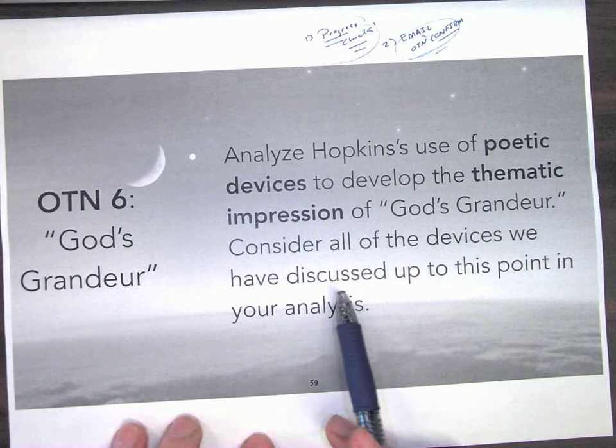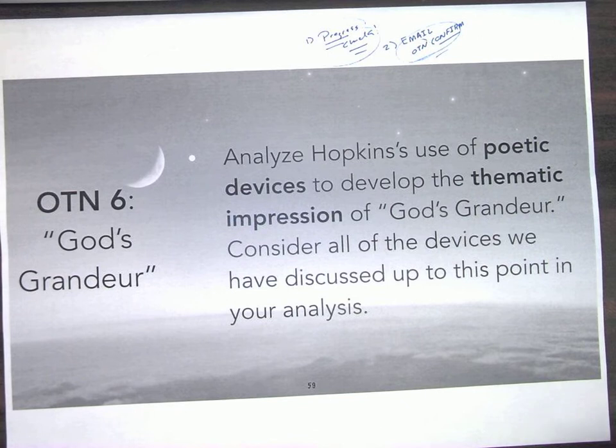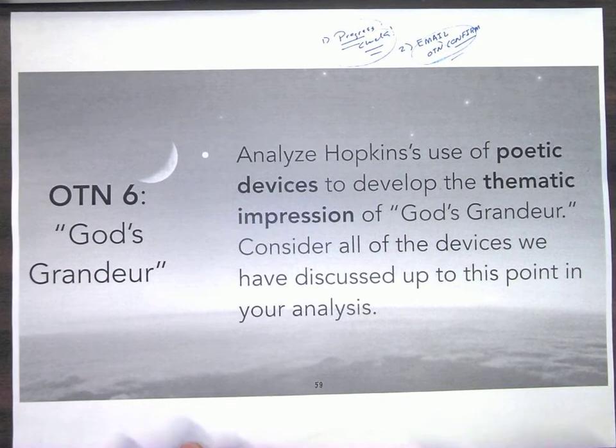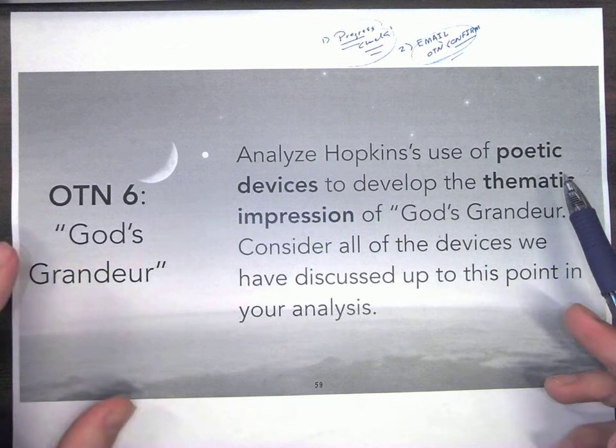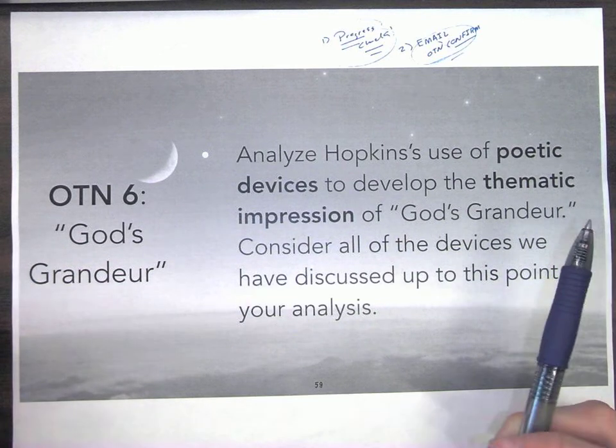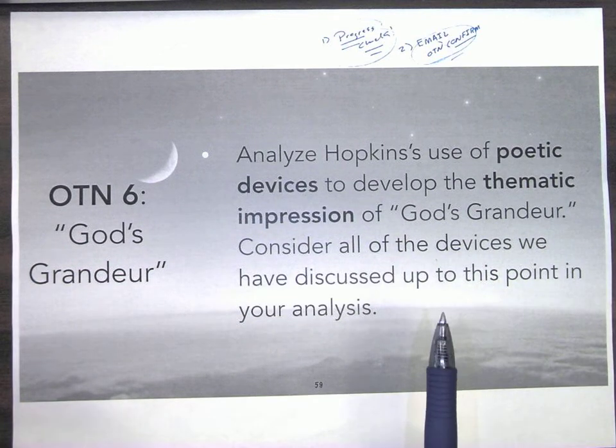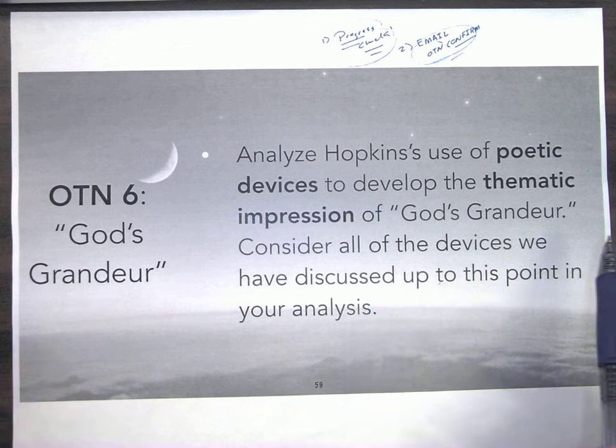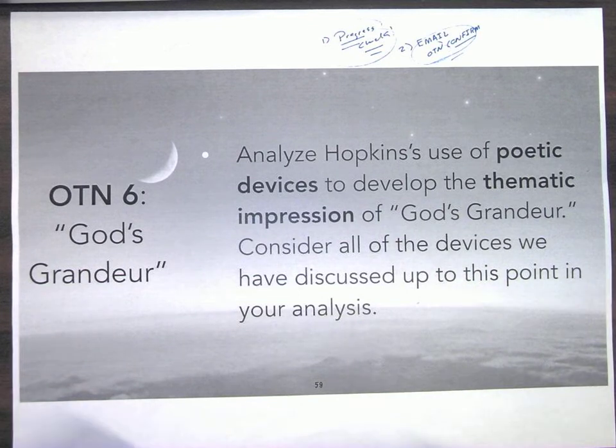Okay, so we're going to consider all the devices we've discussed up to this point, including the way in which the speaker is characterized through his language throughout the course of the poem. We're going to consider obviously the words and the syntax and word order. We're going to consider the images at play and the imagery used throughout the poem, the figures of speech, any symbols that might be developed.